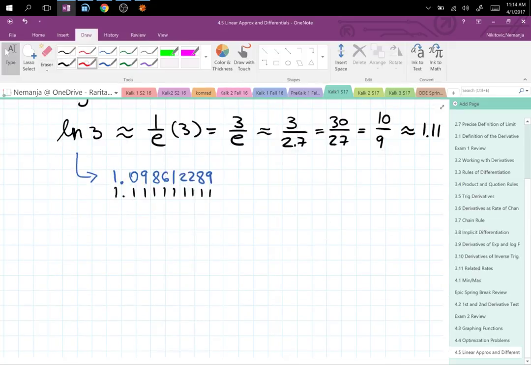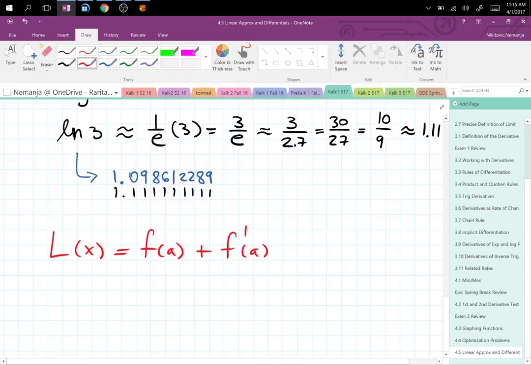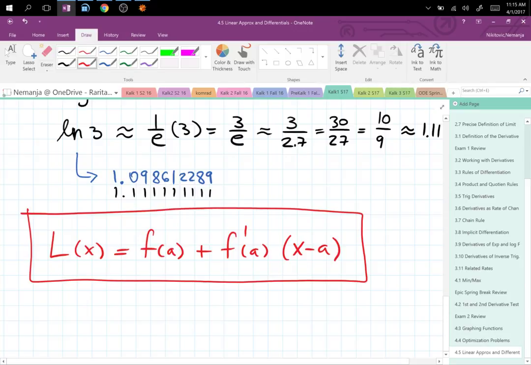So now we are going to write this awesome one-liner for tangent lines. Linearization of x is equal to f of a plus f prime at a times x minus a. This is called the linearization equation, but it's also a tangent line equation at the same time.